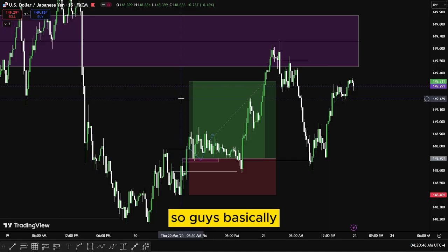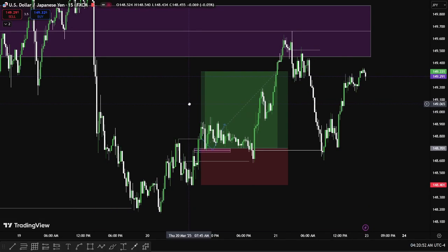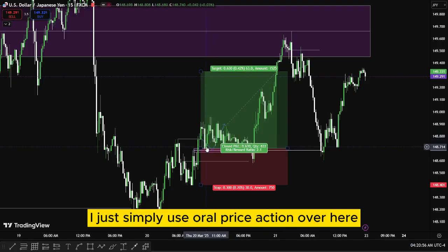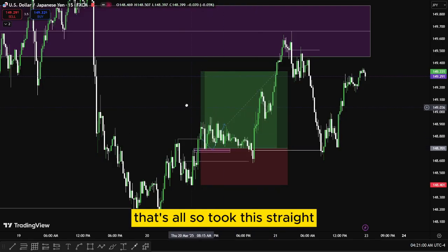Time and price things differ from chart to chart, or pair to pair. So in this case I didn't use time and price, I just simply used raw price action over here: fair value gaps, internal, external, that's all.